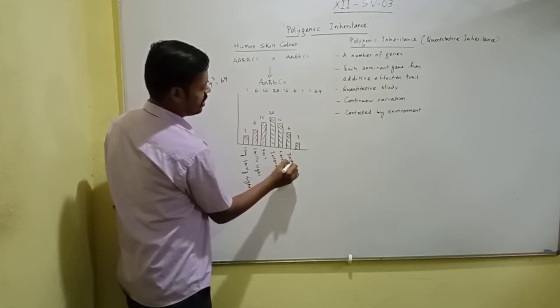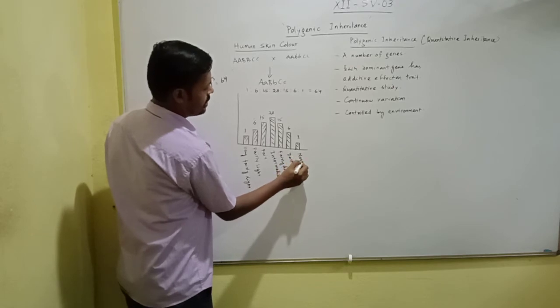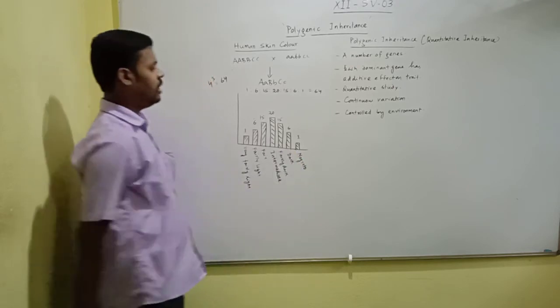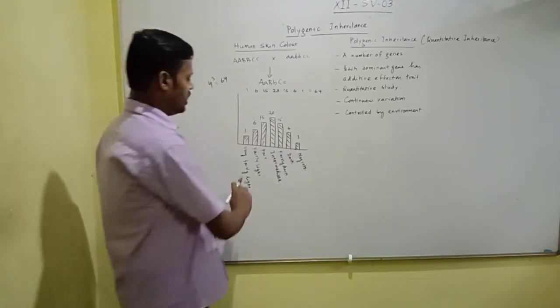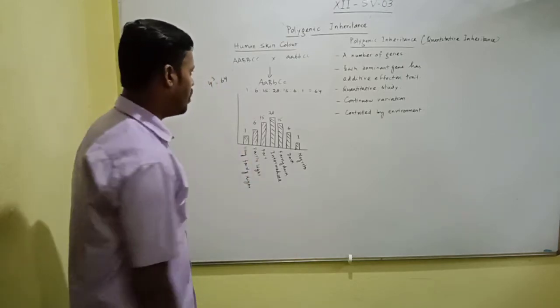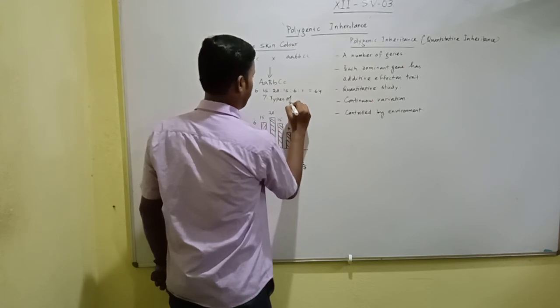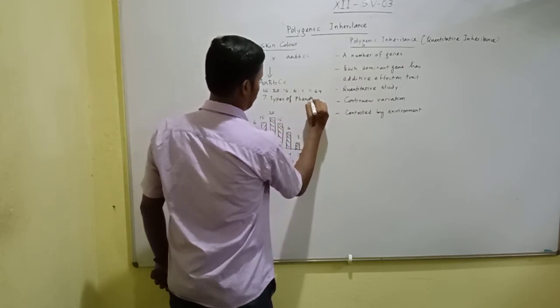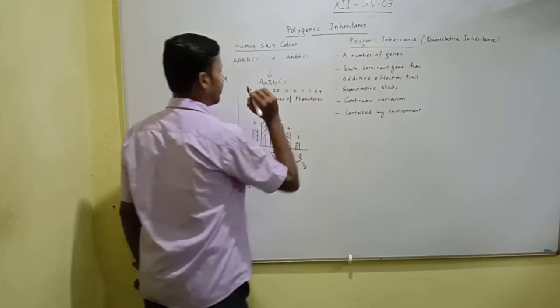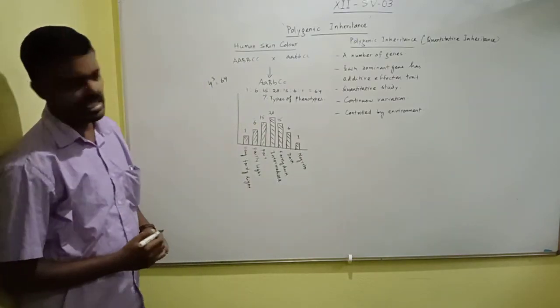This one will be your dark, and this is very very dark. That is negrito or negroid. So these are the 7 types of phenotypes seen in polygenic inheritance.